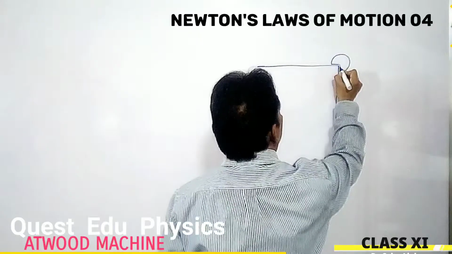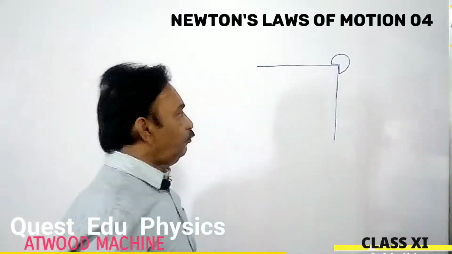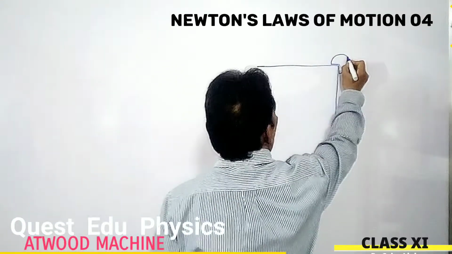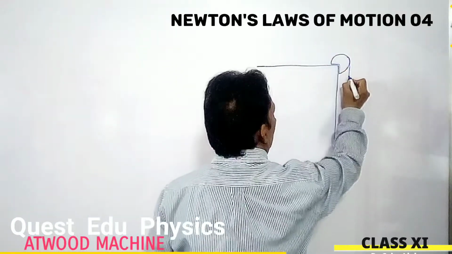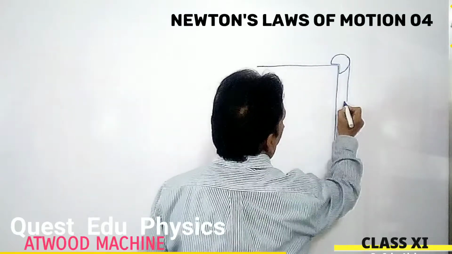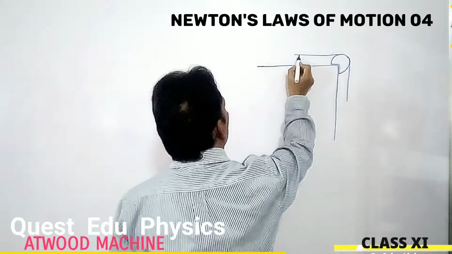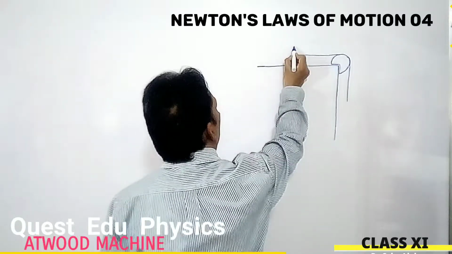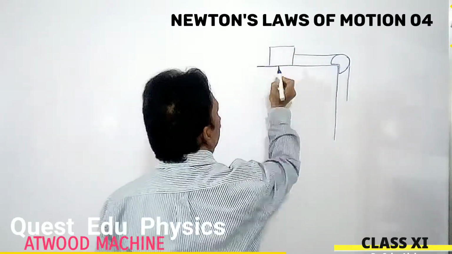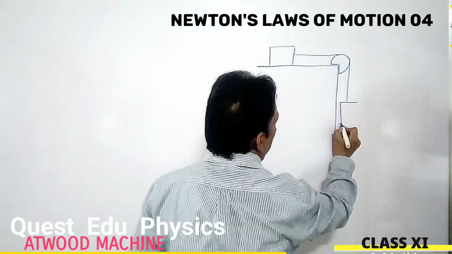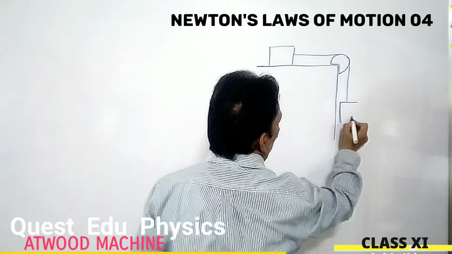It is the massless and frictionless pulley. So students, what we are doing? We are suspending. It is a string which is moving over the pulley, and we attached a mass here. In the same way, we attached one more mass.